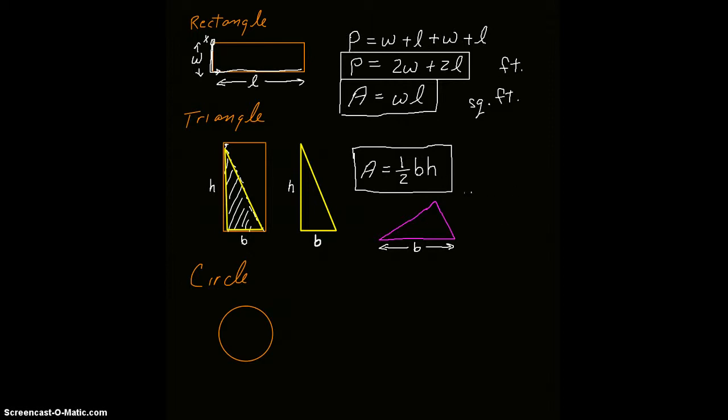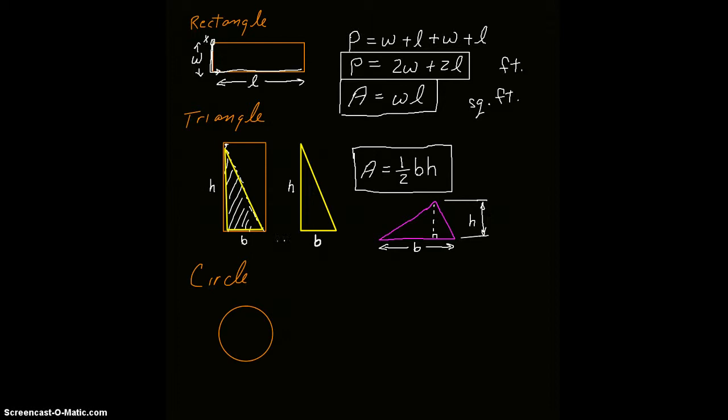The height is actually, you can think of it like the altitude or the elevation of a mountain or something like that. The height is this distance right here. It's the perpendicular distance from the base. So this distance is height, always on a triangle.